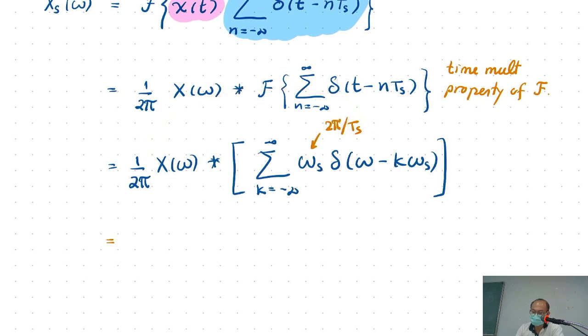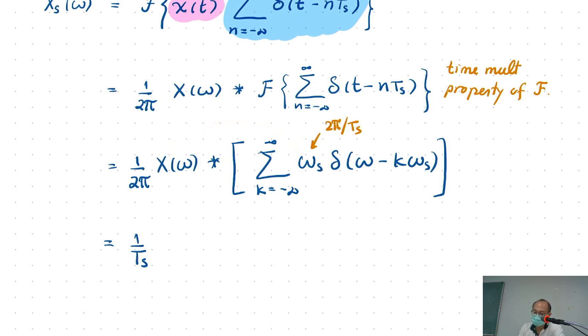So I'm having a 1 over Ts here at the front. And then I can use the distributive property of convolution to bring X of omega inside of the summation.